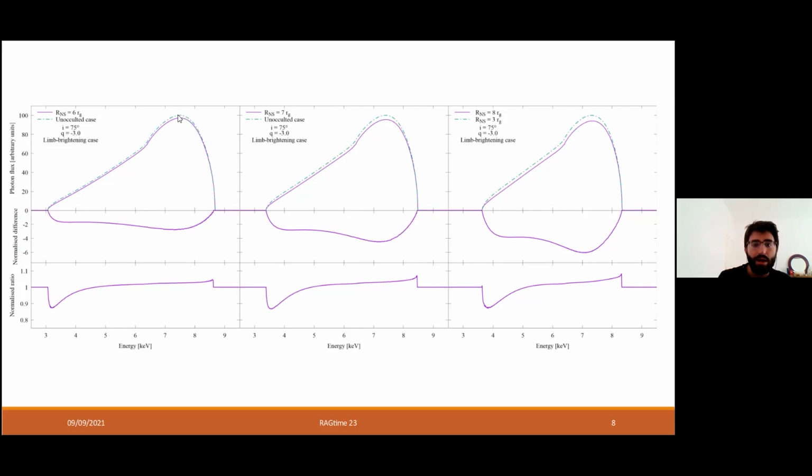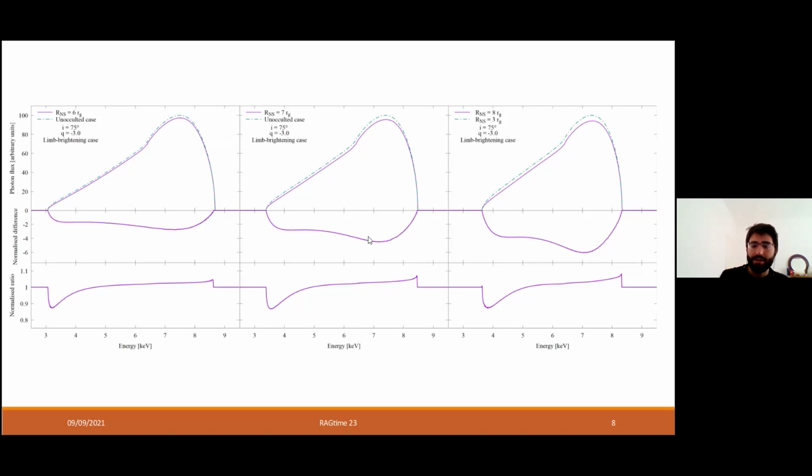And you can see that it's a pretty small difference, of course. In terms of the peak flux of this profile, we're at around 2 to 3% difference. But this of course becomes larger and larger for larger neutron stars, going from 6 to 8 Rg.